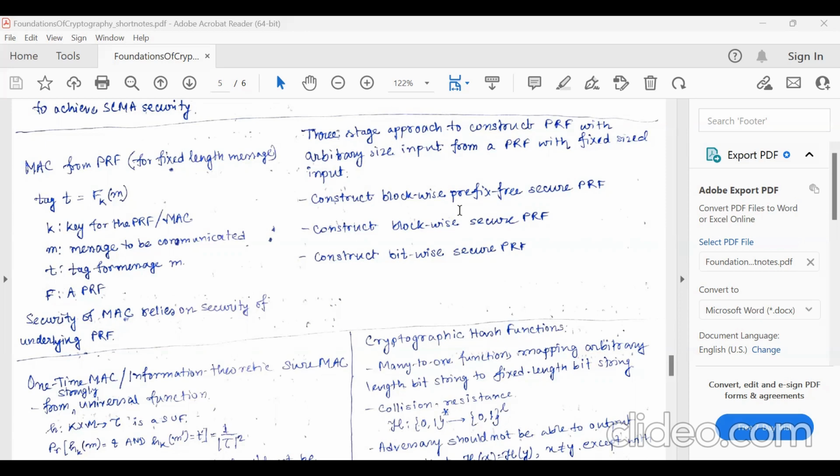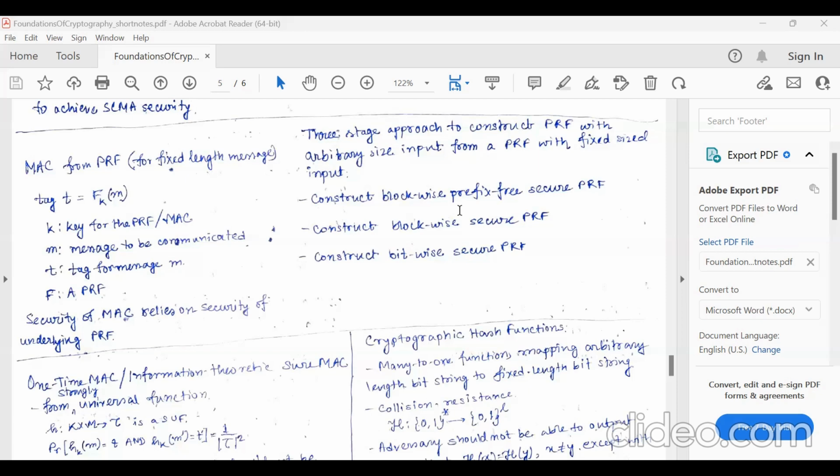Let's say you have two messages, M1 and M2, and M1 has message blocks M10, M11, and M2 has message blocks M20, M21, M23, such that M10 is equal to M20. If this happens, that means there is a common prefix to both these messages. Then this message space is not prefix-free.